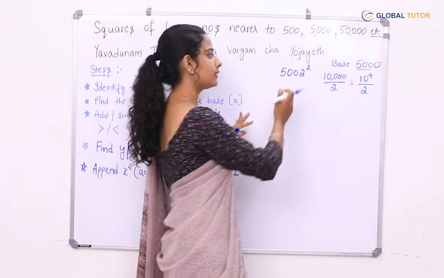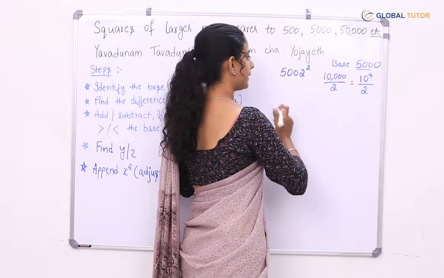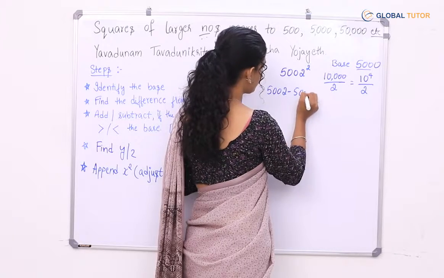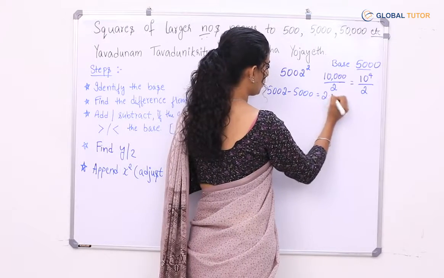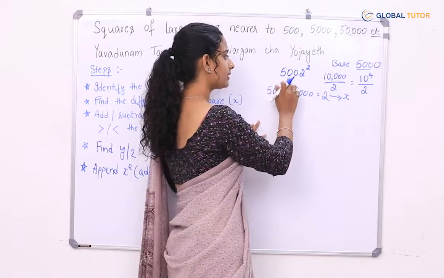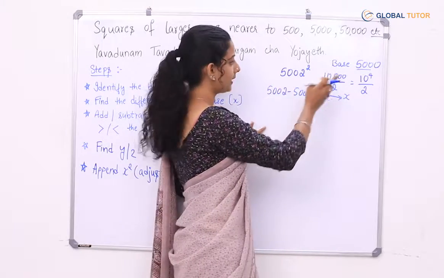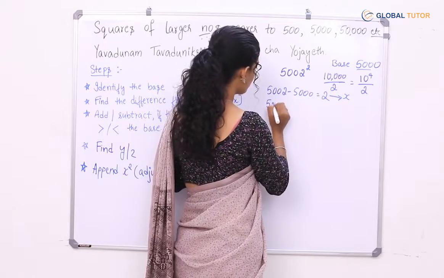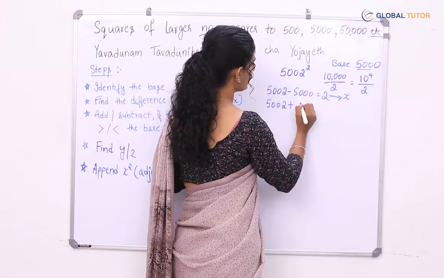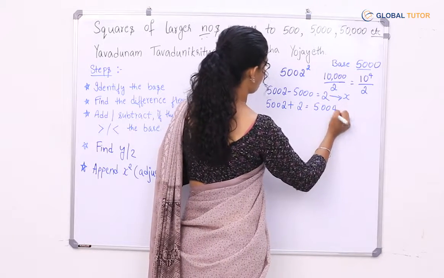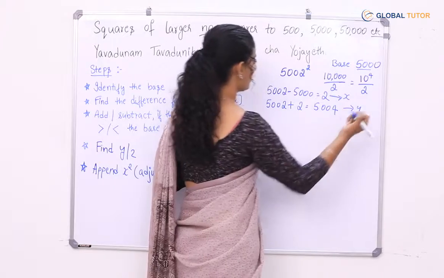Now let's find the difference of the given number from the base. So it will be 5002 minus 5000, which is 2, and let's call this x. In the second step, because the given number is greater than the base, we will add x to the given number. So it is 5002 plus 2, which will be 5004, and let's call this y.